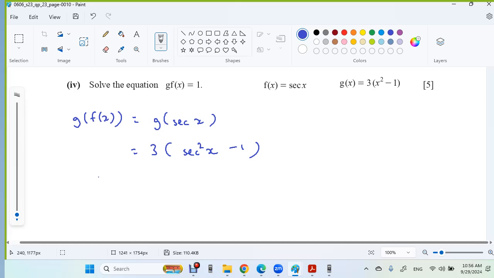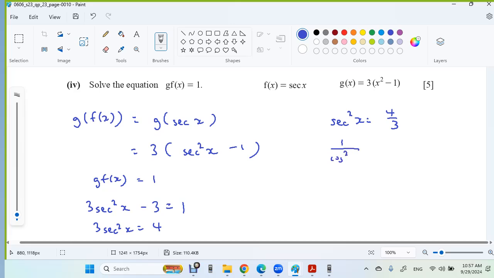So g of x equal to 1. Then we have 3 secant square x minus 3 equal to 1. So we have 3 secant square x equal to 4. So the secant square x will be 4 over 3. This is actually 1 over cos square equals 4 over 3.